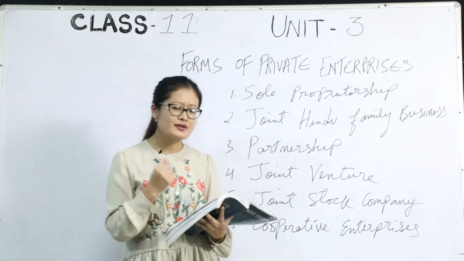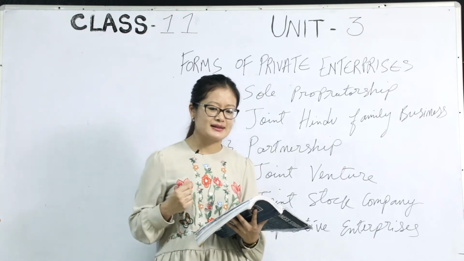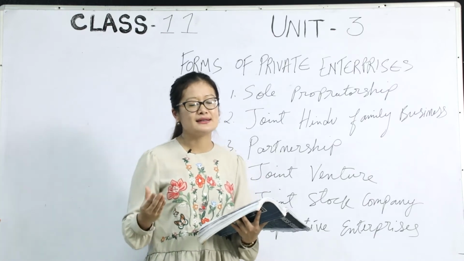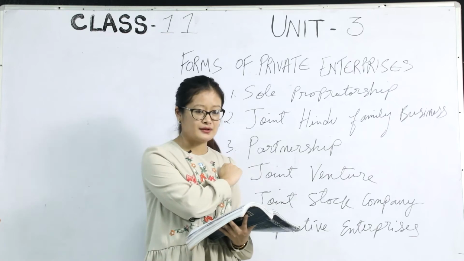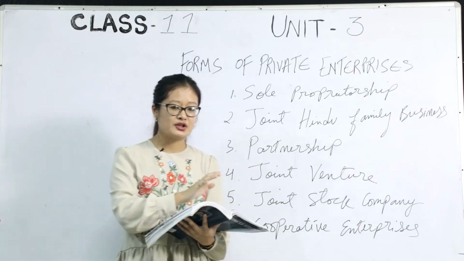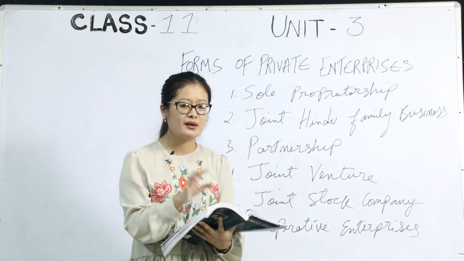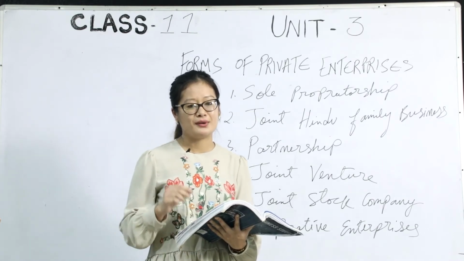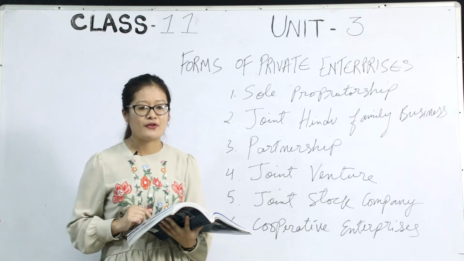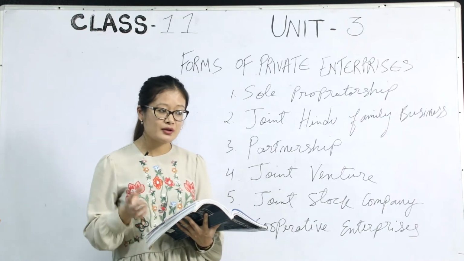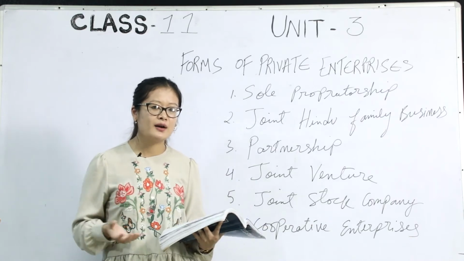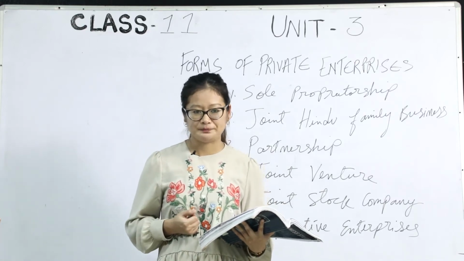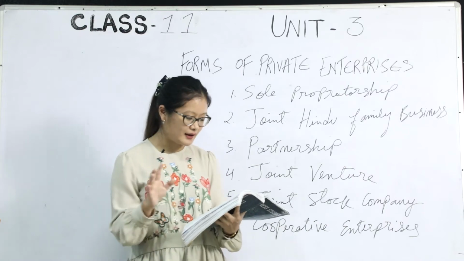So when a sole proprietor wants to expand his business, he'll join into a partnership. The partnership rule is such that a minimum of 2 people is required and a maximum of 50 people, and all of them will have to come to an agreement in order to form a partnership. That was the 3rd form.